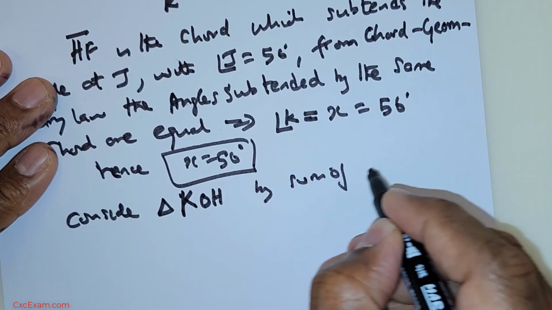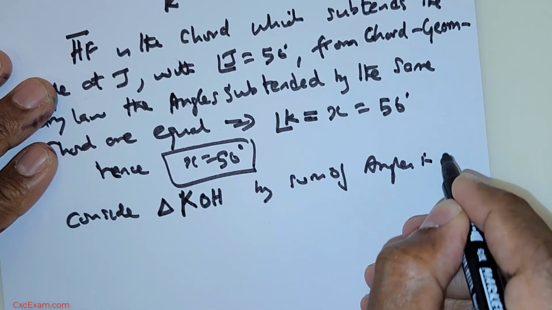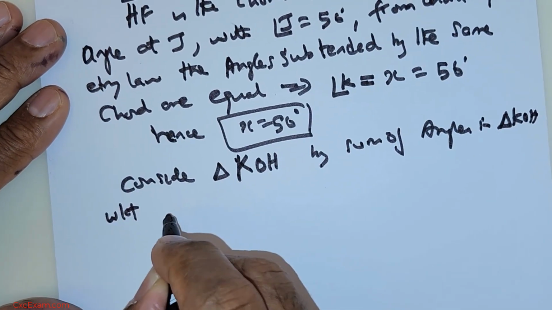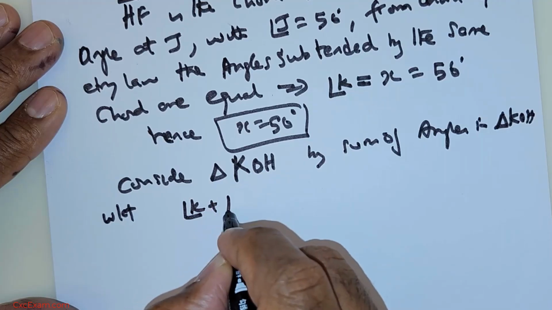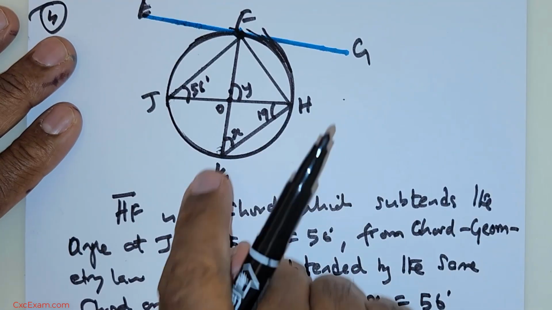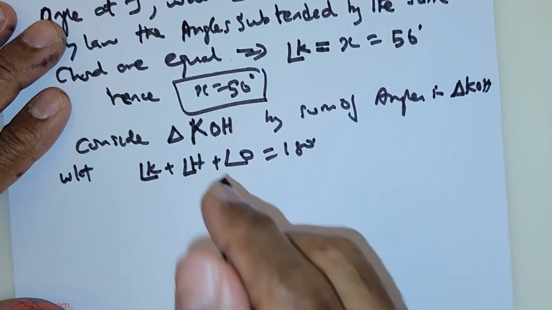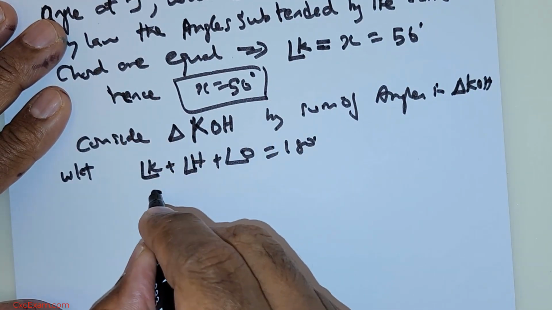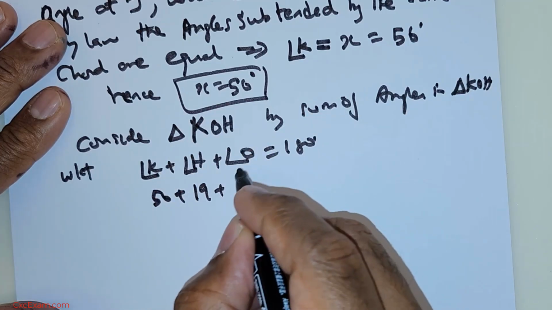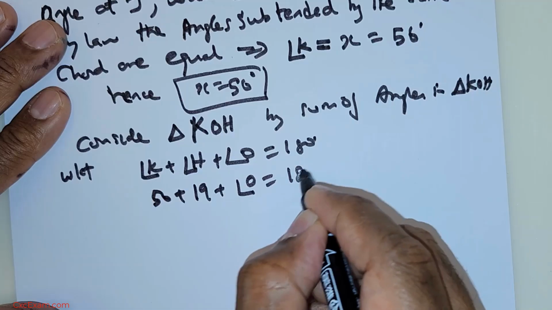By sum of angles in triangle KOH, we know that angle at K plus angle at H plus angle at O is equal to 180. This is 56. This is 19. We do not know this. It is equal to 180.